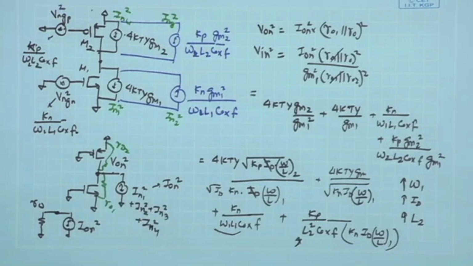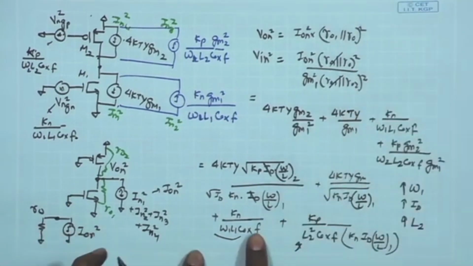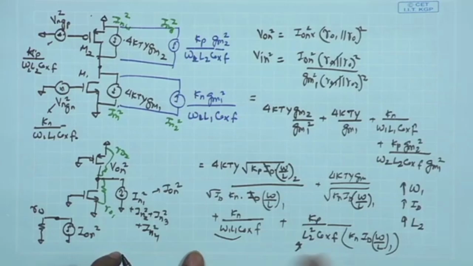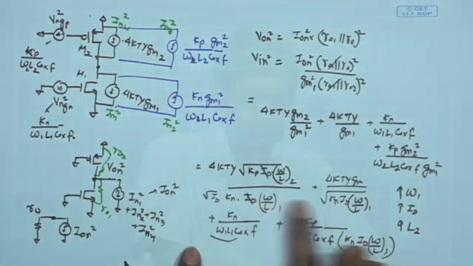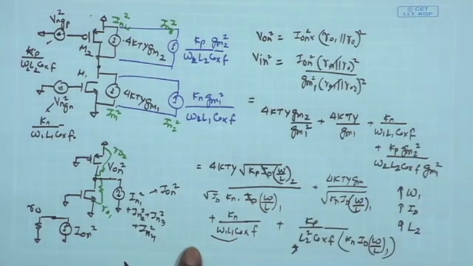Another very important concern happens to be the 1 upon F noise corner that we have discussed. As we see, the 1 upon F noise term over here will go on increasing as we go towards lower frequency, whereas the thermal noise floor is constant.